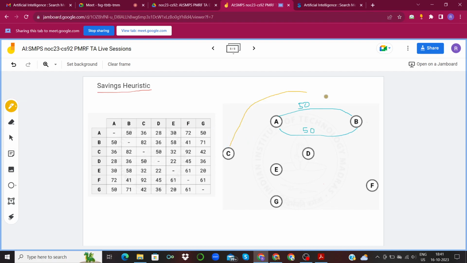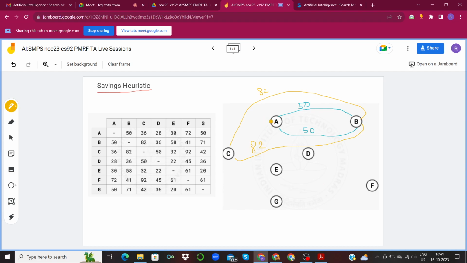Let's consider C to B and B to C. And you know the cost of going from B to C is 82. So this is 82 and this is 82, right? So essentially, the total cost over here of going from A to B and B to A is 50 plus 50 or 100, right? And the total cost of going from B to C and C to B is 82 plus 82, which is 164.